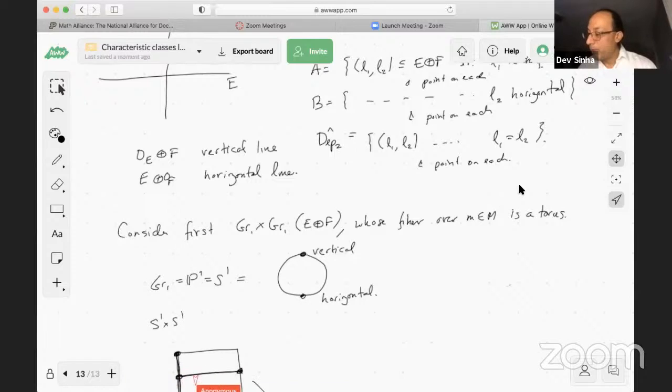And this is horizontal, means that my second line, L2, is horizontal. I should draw this picture. Let me redraw this picture. Sorry. Let's see. So my first point vertical means that I want this to be the subspace of vertical cross S1.